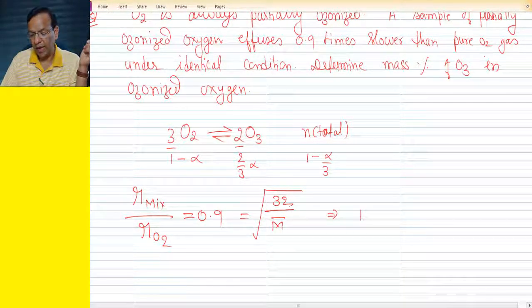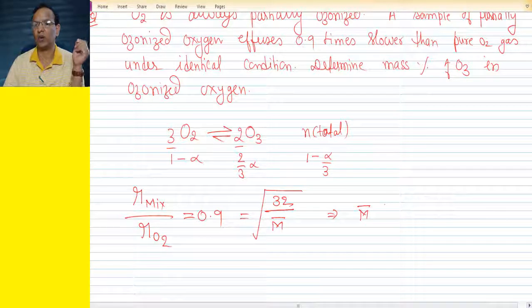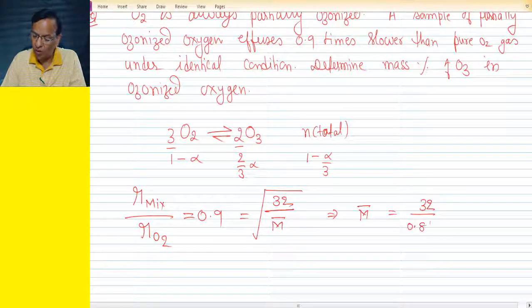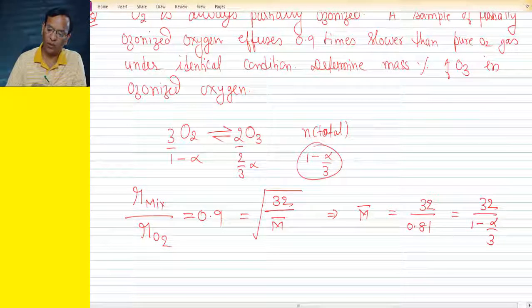So the average molar mass of the ozonized sample of oxygen will be equal to 32 divided by 0.81, and that will be equal to 32 divided by 1 minus alpha by 3, the total number of moles.